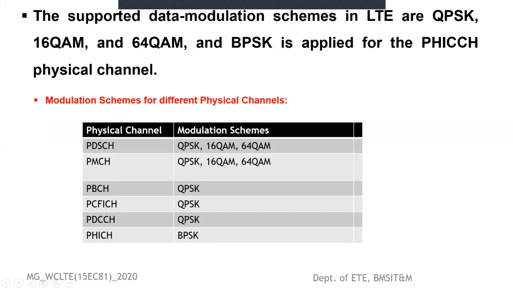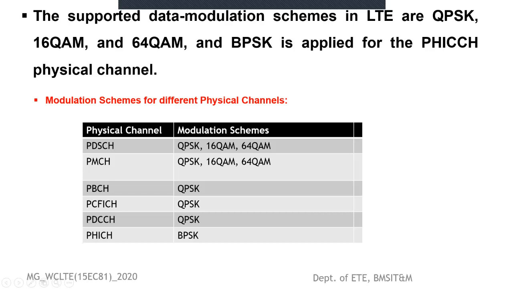Here I have written each physical channel and what type of modulation is used for it. The physical downlink shared channel uses QPSK, 16 QAM and 64 QAM, and the physical multicast channel also uses QPSK, 16 QAM and 64 QAM, and the physical broadcast channel uses QPSK.